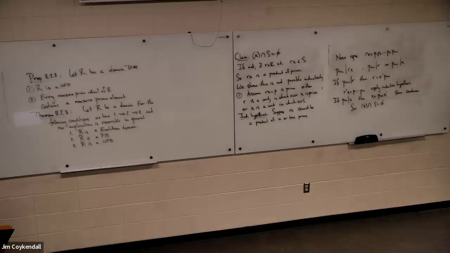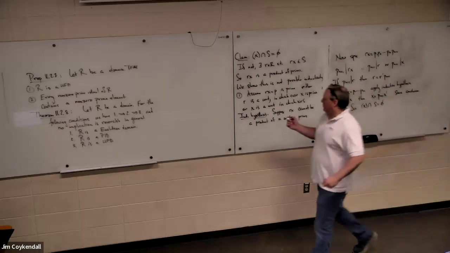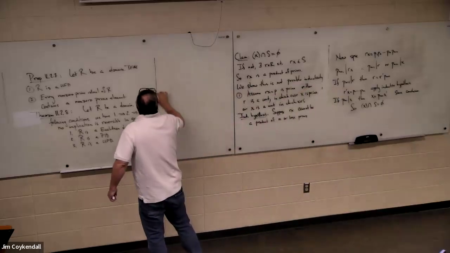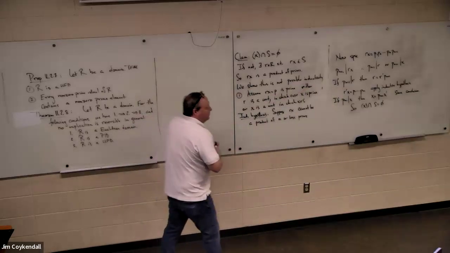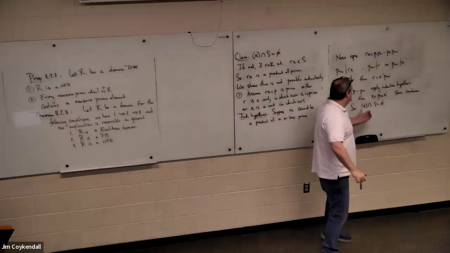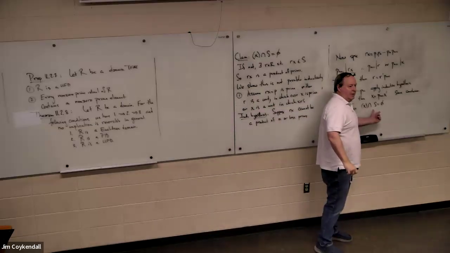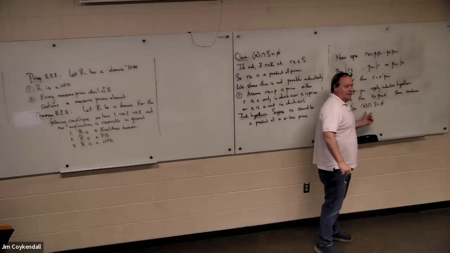So here's an important step here. Does anybody remember? So here we have an ideal, and it misses a multiplicatively closed set. What does that mean? You remember what we can do to an ideal? Expand it.